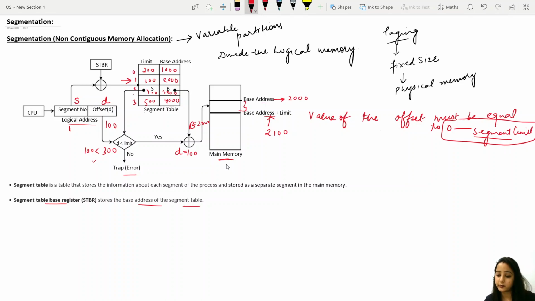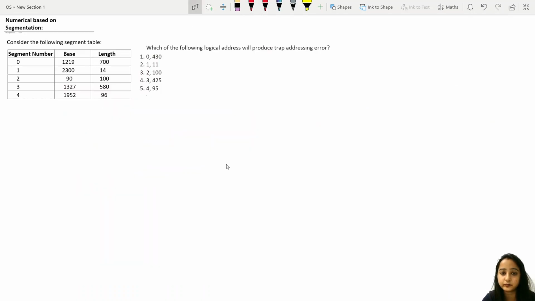Okay, so let's practice some numericals based on segmentation. Consider the following segment table and segment number given, and they have asked which one of the following logical addresses will produce a trap, addressing error.